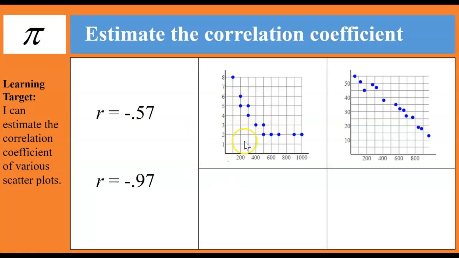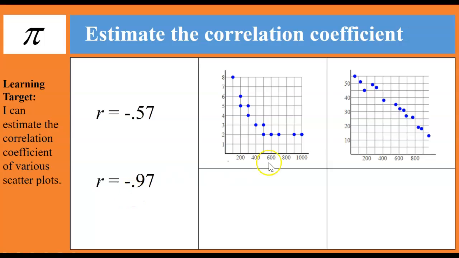As I'm looking at this one, I see there's a line, and I definitely notice that it's a negative correlation, but it doesn't look like a straight line, at least not like the one next to it. This one definitely looks very line-like. So I'm going to guess that this one is negative 0.57 and this one is negative 0.97.